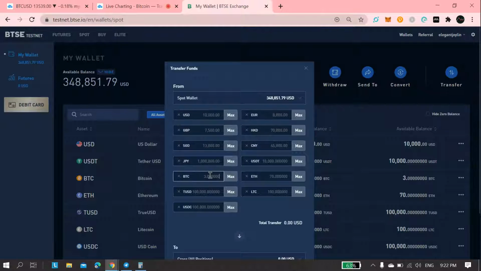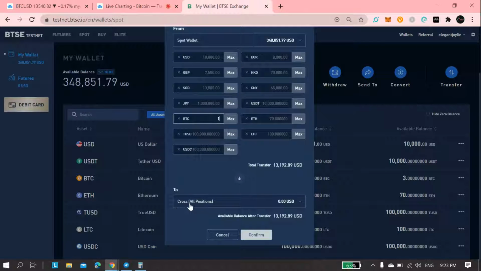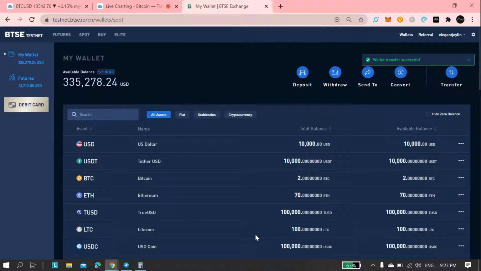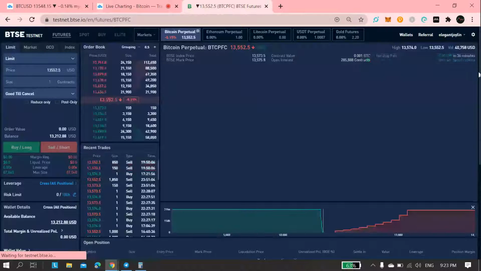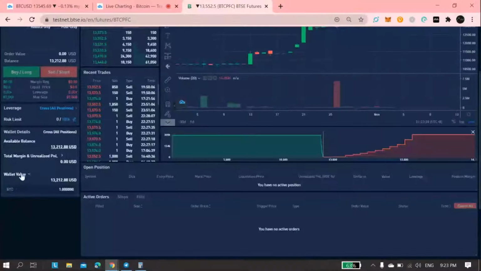So I will transfer for example 1 BTC to my cross wallet or cross position, so that I can trade all the contracts in this futures. So normally I just trade Bitcoin, Ethereum, and Litecoin. That's the majority of my trades.